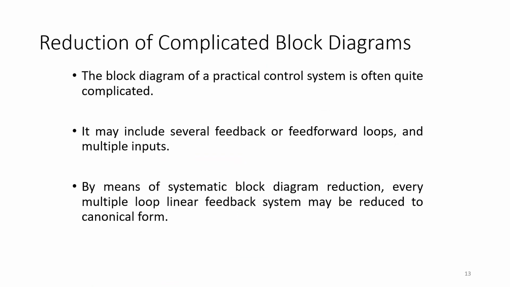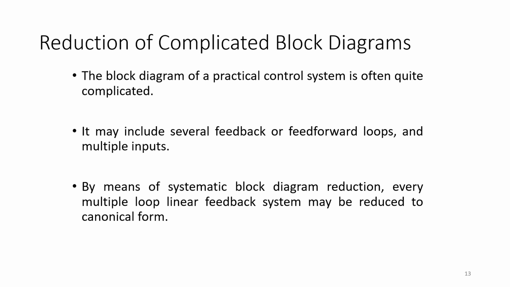Now coming to the reduction of these block diagrams. Sometimes the given block diagram will be too complex to analyze. In such cases we need to reduce the block diagram into a simple form. Whenever a system is given, we may have a forward path, a feedback, and many inputs, you might have n number of inputs.